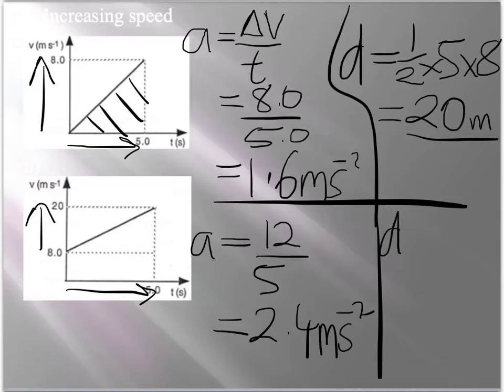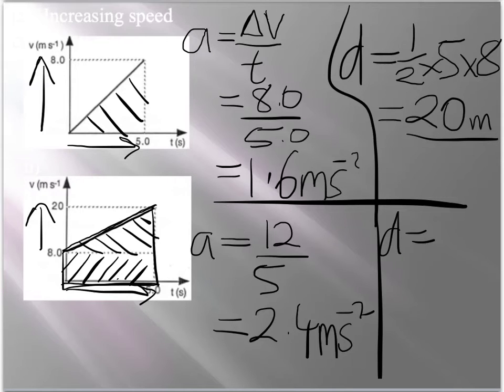The distance, we need to add two areas here. This rectangle area at the bottom and this triangle area at the top, because all of that is under the line of the graph down to the x-axis, or the time axis in this case. So it's that entire area there that we need to calculate.